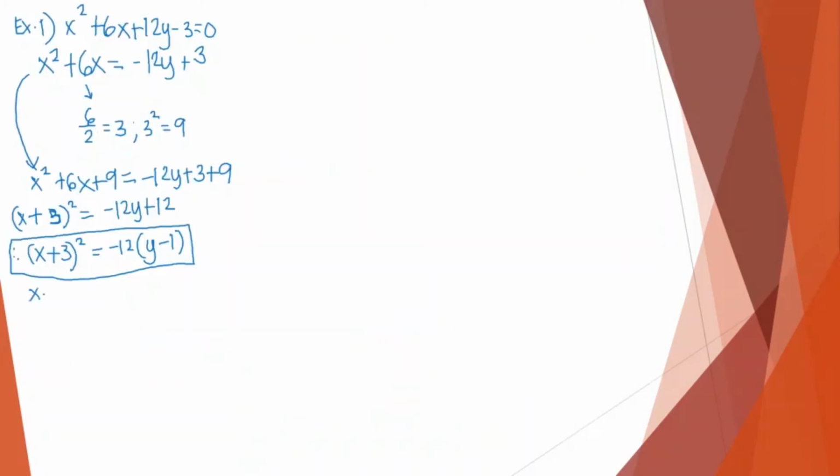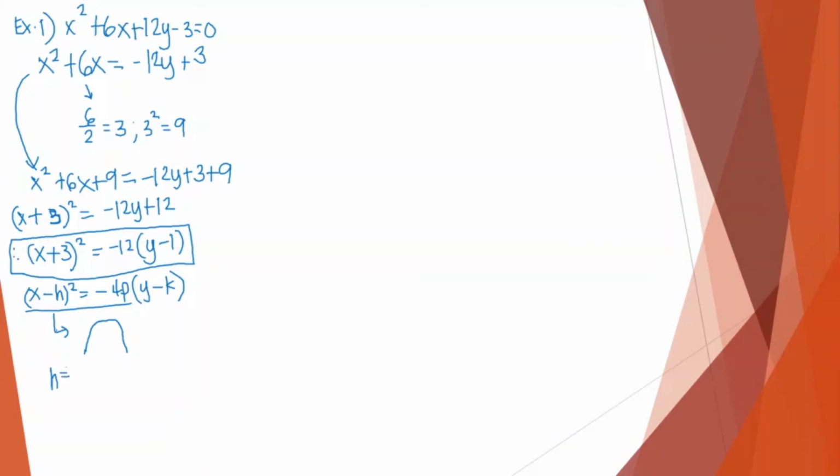That is the same with x minus h squared equals negative 4p times y minus k. With this equation, we can already assume that the parabola is concave downward.